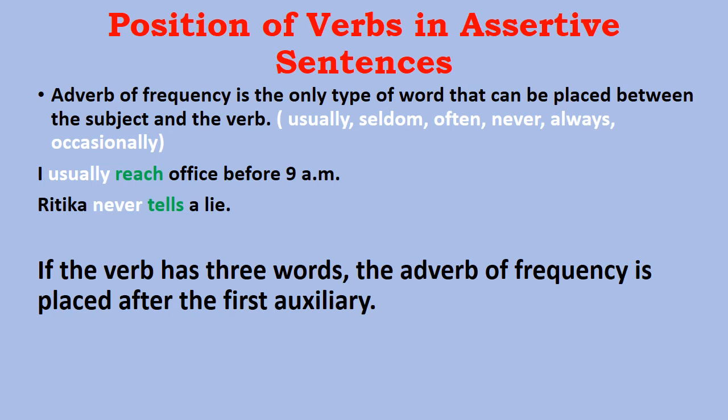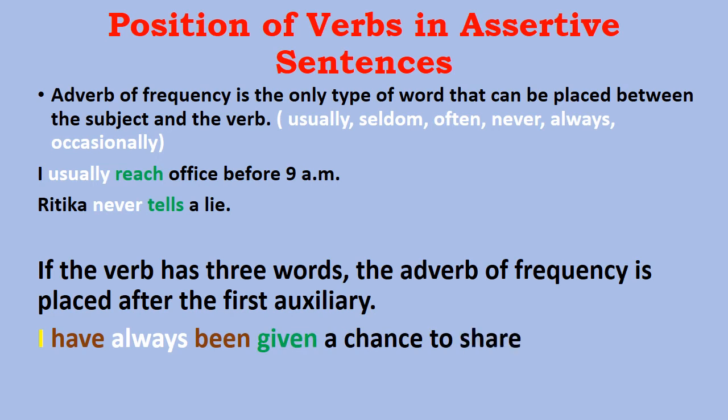That is after the first auxiliary. Say, I have always been given a chance to share my opinion. I is the subject, have and been both are auxiliaries, and in between we have placed always, which is an adverb of frequency. So, clear with assertive sentences?